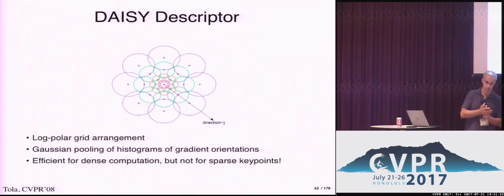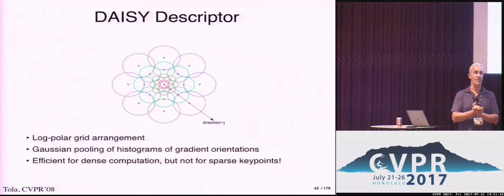Or if you want to do the reverse, which is to match densely. SIFT and SURF are designed so that you only do matching at a small subset of interest points. But there are applications for which you want to match actually the whole image, especially, for example, stereo.